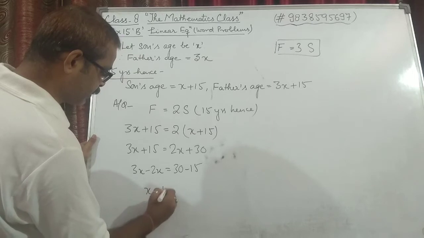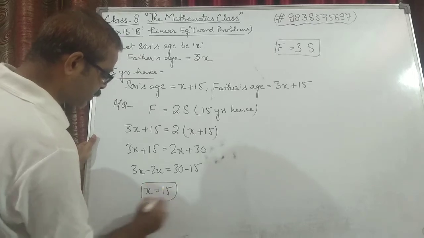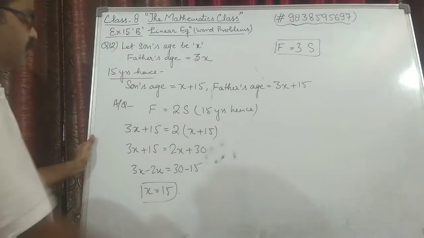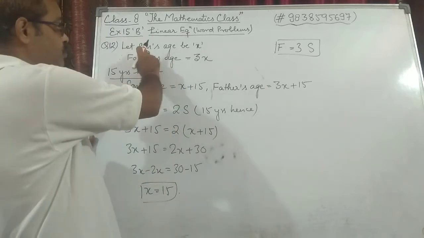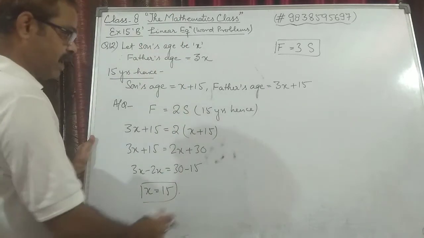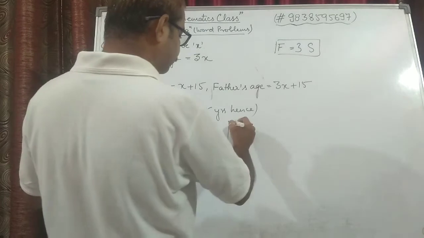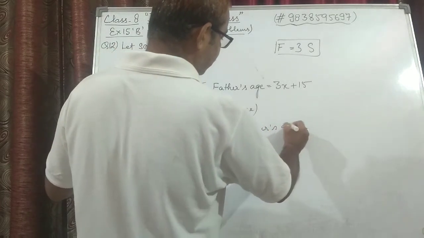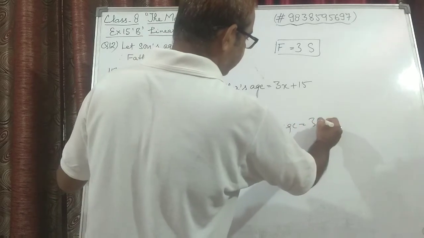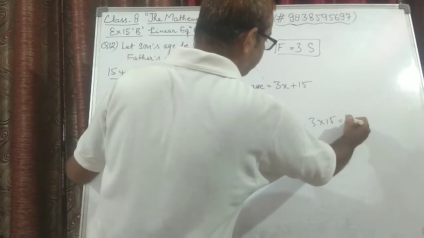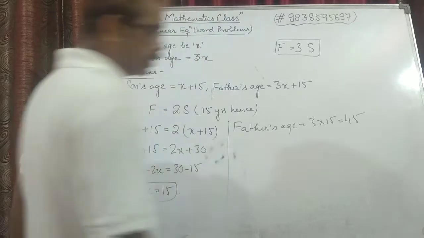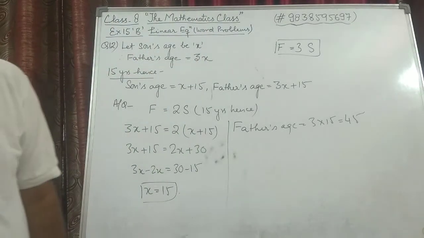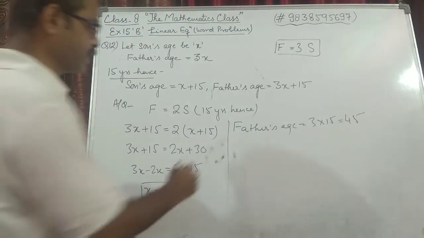x is equal to 15, and x was the son. So the son's present age is 15 years, because we assumed the son's age to be x. And the father's age is 3x, that is 3 into 15, that is 45 years. Now the question asks for the sum of their present ages.